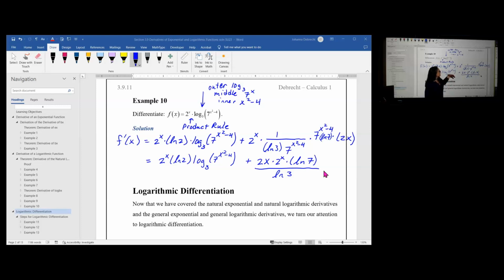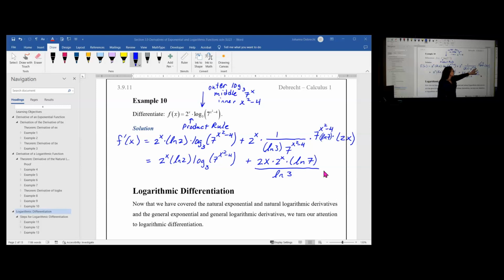When I go ahead and apply this, remember that because the base was not e, I get a natural log of the base as a factor in the denominator. Then I multiply that by the argument to the logarithm, which was 7 to the x squared minus 4.